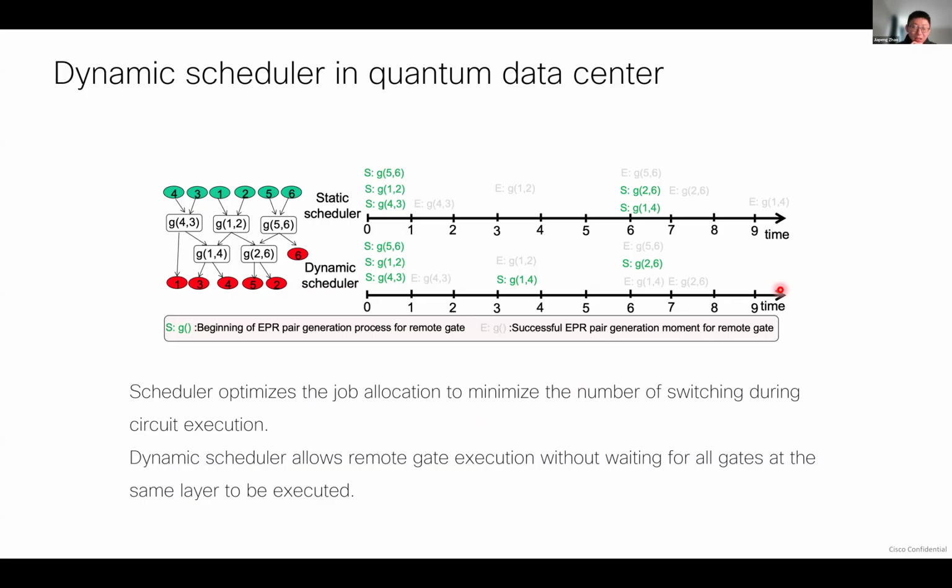And in our case, we develop a dynamic network scheduler, because the EPR distribution inside the entire network is actually a probabilistic process, and we can leverage the probabilistic process to make the entire scheduling dynamic. The example we show here considers a 6 QPU case.